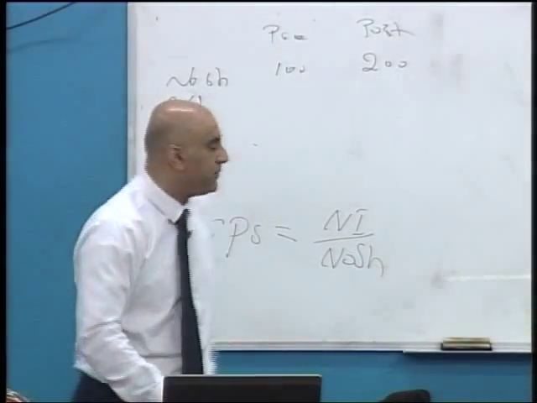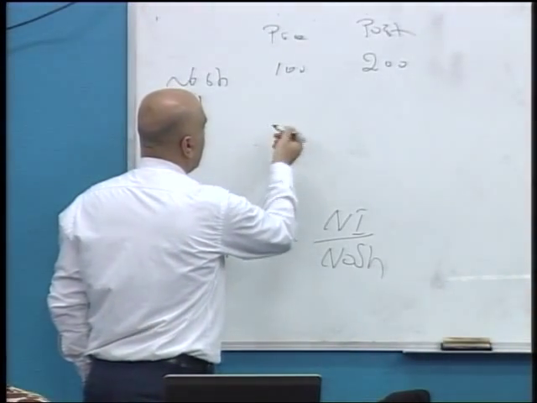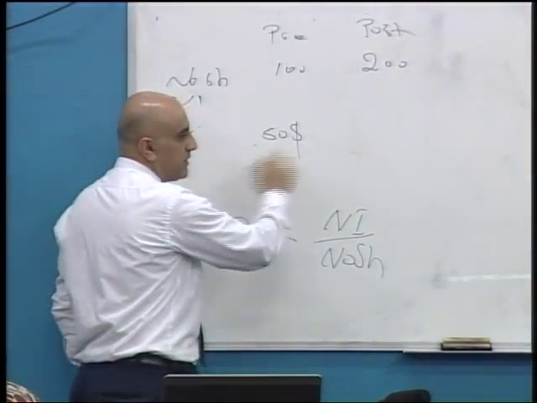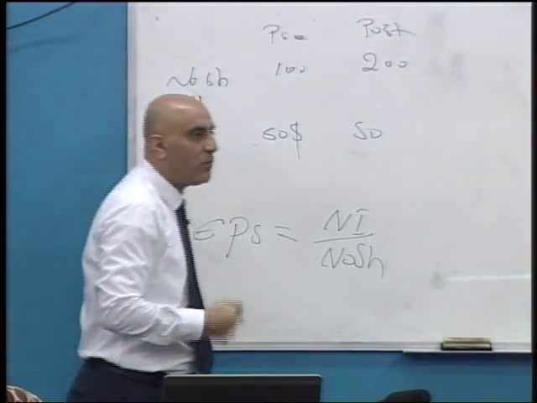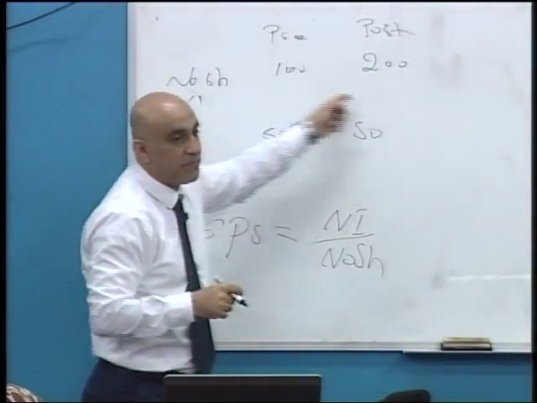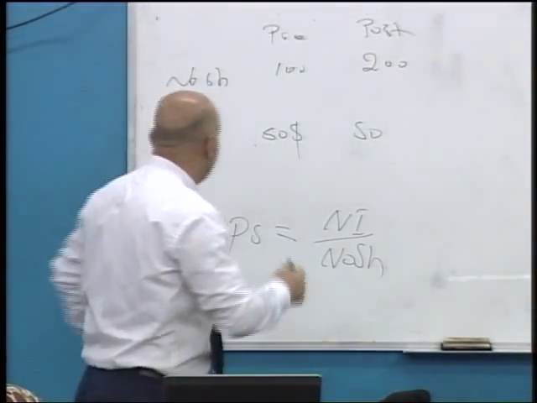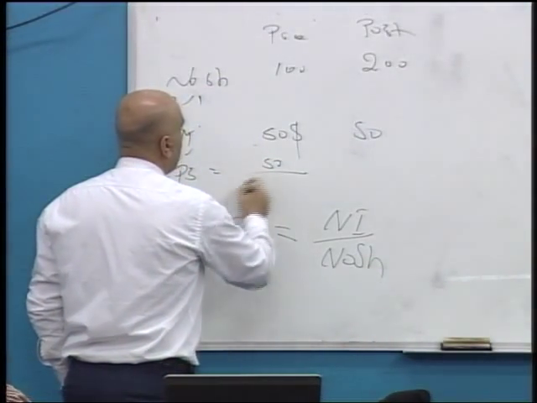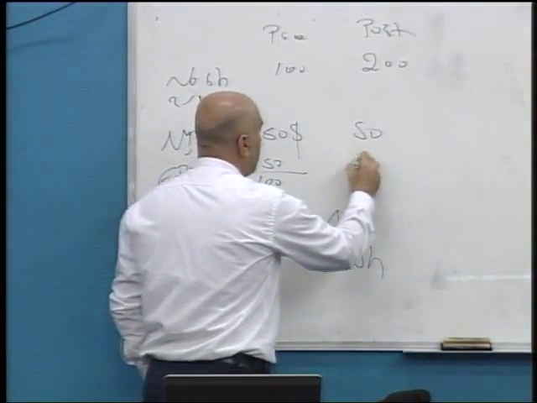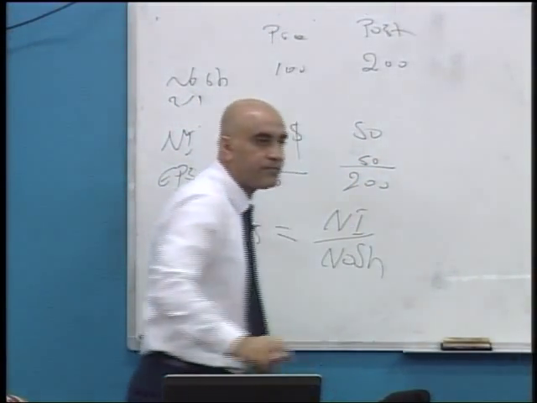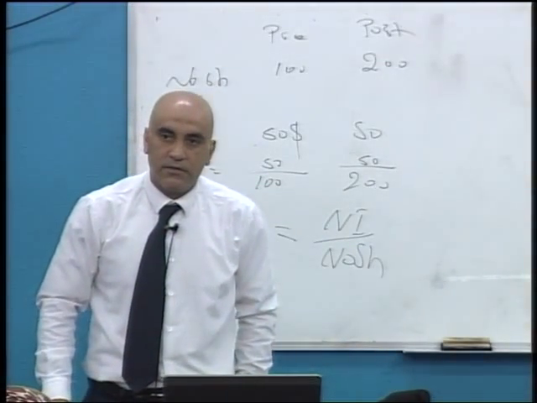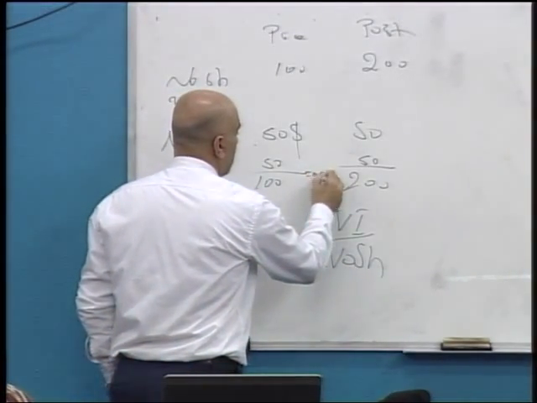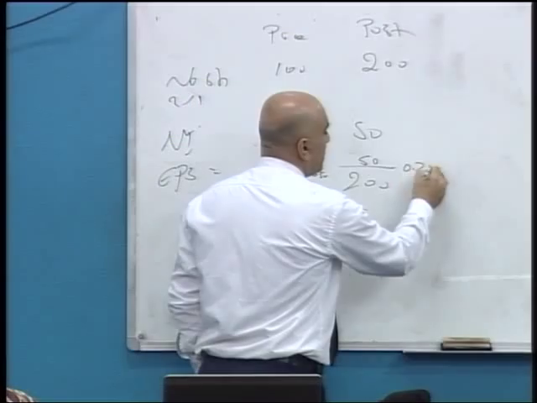Now the net income in here is $50. There is no change, $50. But what did change is the number of shares outstanding. So the EPS is equal to 50 divided by 100, and here it is 50 divided by 200. So in here it is 0.50, and here it is 0.25.